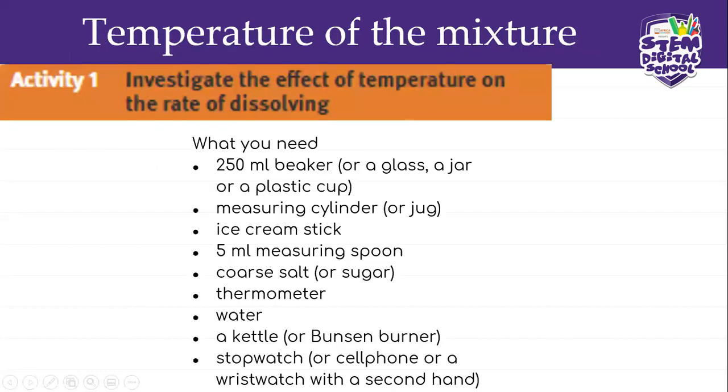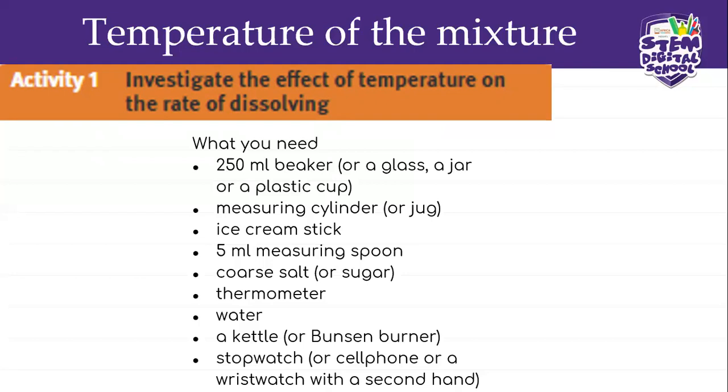So we have an experiment. It's quite unfortunate that we can't actually do the experiment in class, but I will take you through it. Basically, in this experiment we are testing how the temperature of the mixture affects the rate of dissolving.